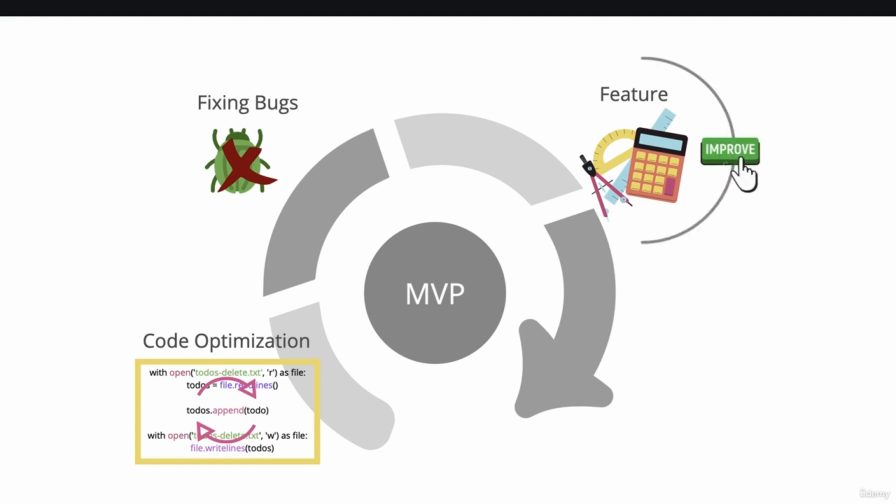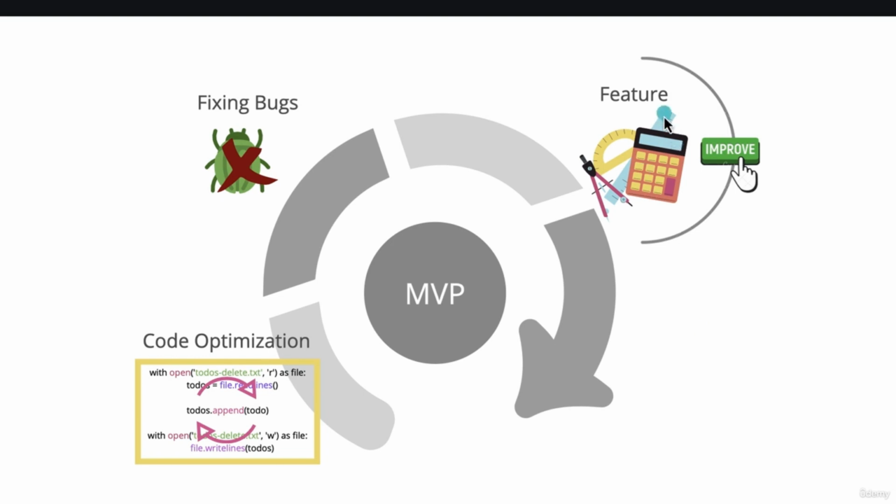And then again, you want to improve features that you have built before, and then fix bugs again, optimize the code, and those are the three main phases which you'll go over and over again as you maintain and improve your program.